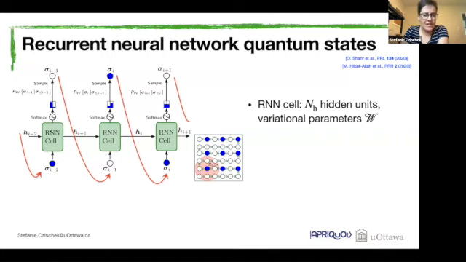So we have these RNN cells, which have a nonlinear structure inside them. So basically they have a number of hidden units connected by variational parameters that we can tune when we train our network. And then we apply these recurrent neural network cells to a sequence of input data where the weights are always shared. So it's always exactly the same cell. And we send in iteratively one input element after the other.